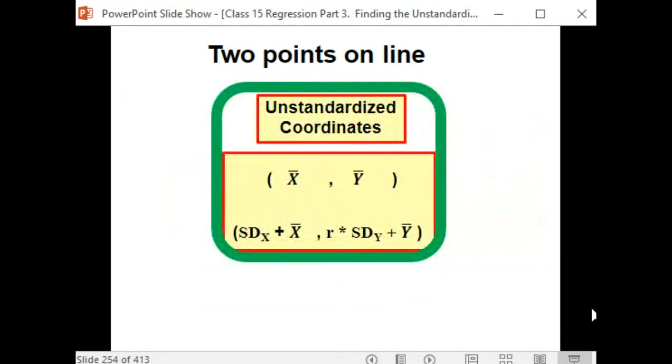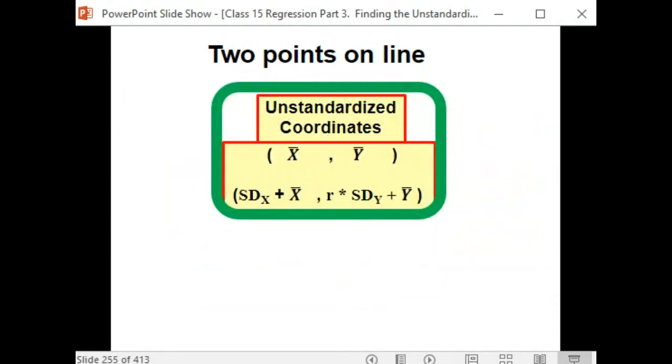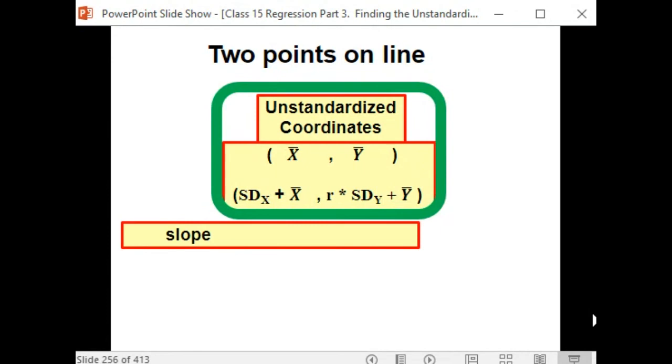We'll rearrange everything to make it easier to work with. And now we're going to calculate the unstandardized slope. The slope is equal to the rise between the 2 points divided by the run between the 2 points. So first, we're going to calculate the rise.